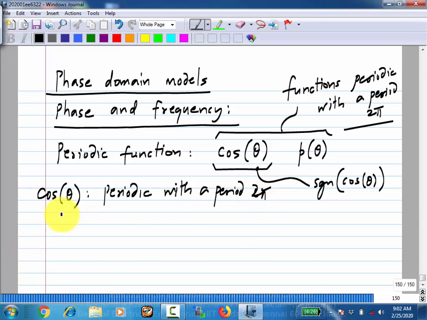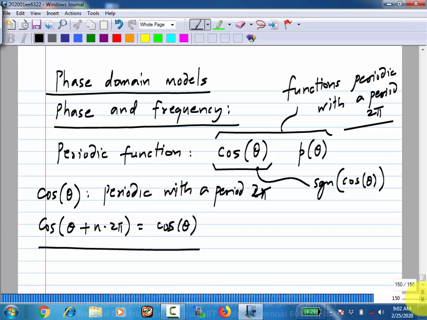Right. So this means that for any n, this is the definition of the cosine function, right?